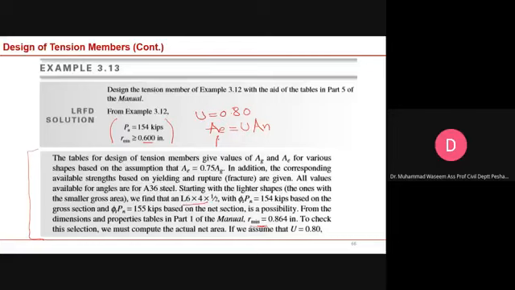So the effective area in example 3.12 is this much, which is different from the assumption in the table, that the effective area is equal to 0.75 of this. So this is not right, and we have to check this one. Everything I have explained is also written in the description, you can see it.